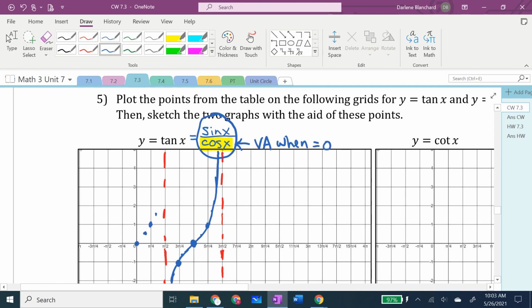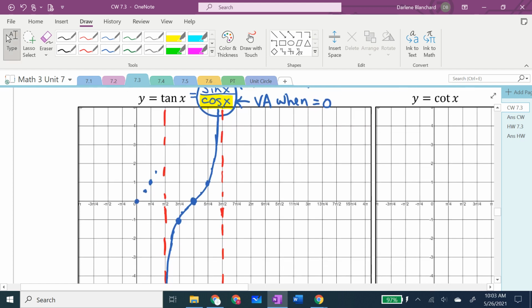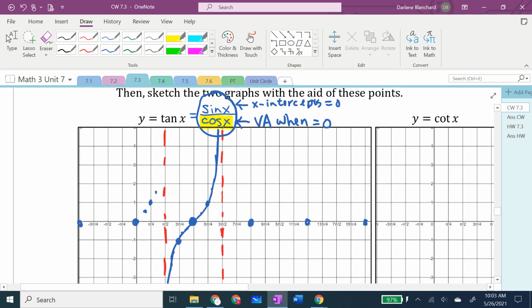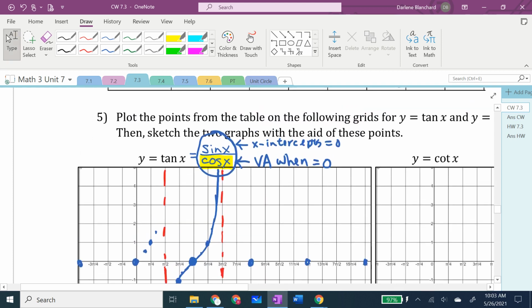You get x-intercepts when the numerator is equal to 0. Sine is equal to 0 at 0, pi, 2 pi, 3 pi, 4 pi, negative pi. And then vertical asymptotes are where cosine is 0.